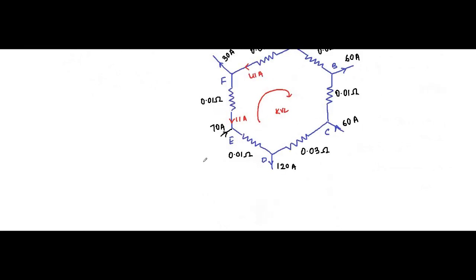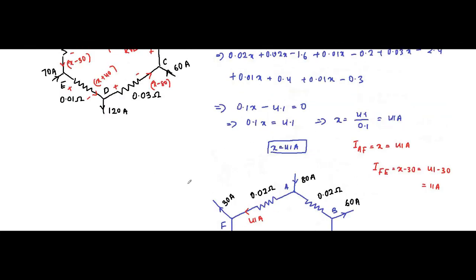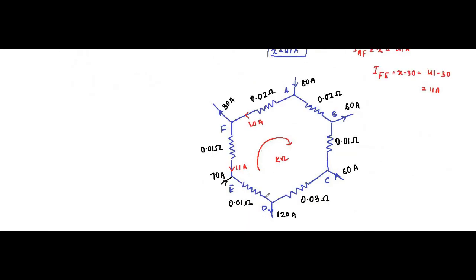Then the current flowing through ED is X plus 40, so IED is equal to 41 plus 40, which is equal to 81 ampere.